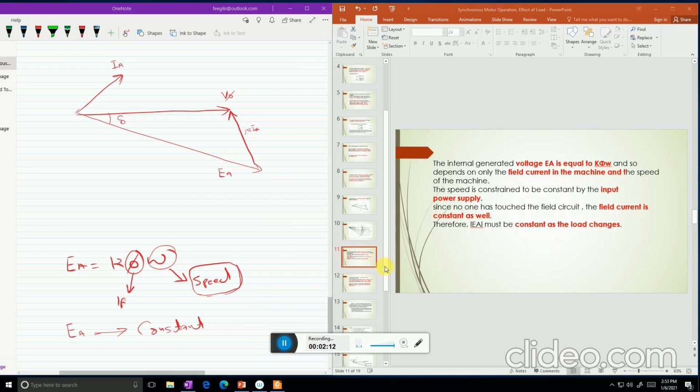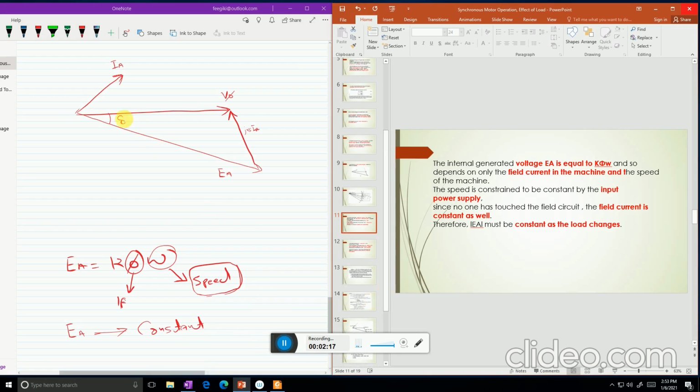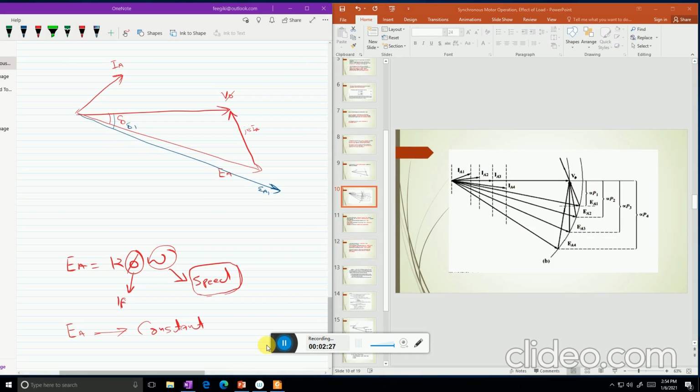So the thing that changes as the load increases is delta, which is this angle between V phase and EA. As the load increases, EA swings down in the manner shown in the figure. But we already studied that the magnitude of EA will remain constant.